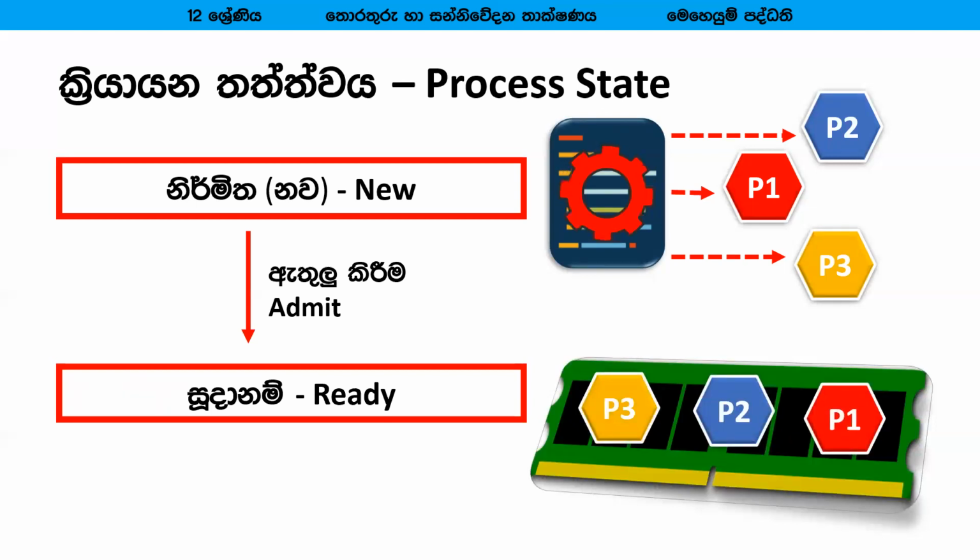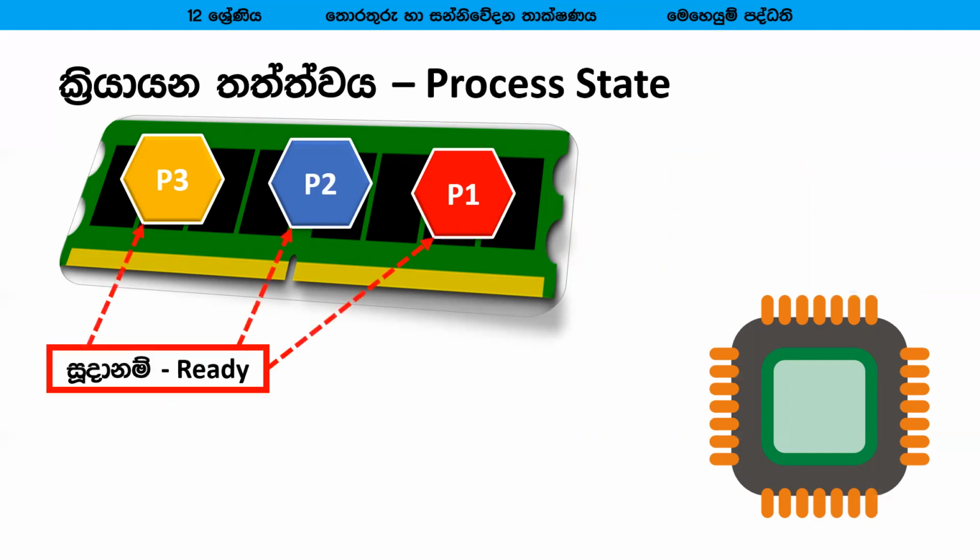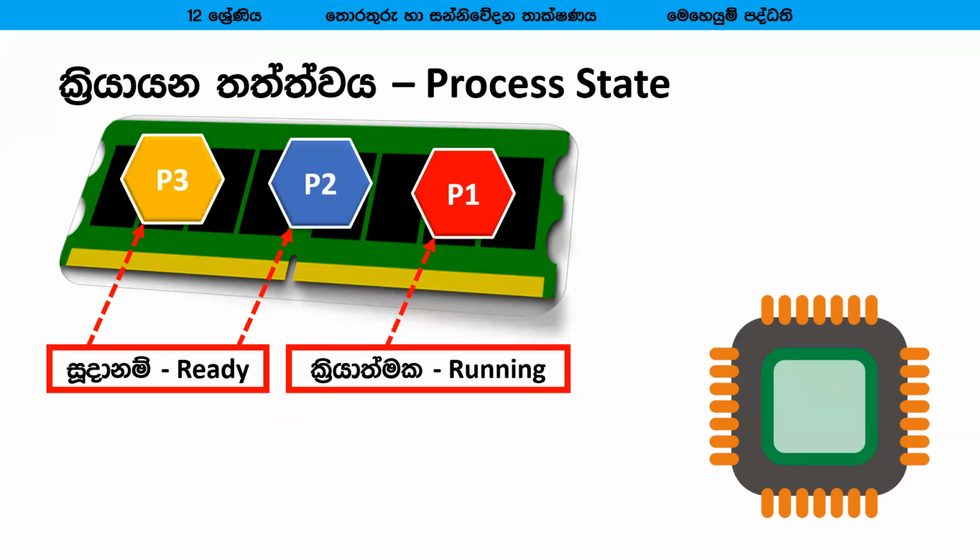If you consider a typical computer, most of the processes are in the waiting state, right? Because programs execute, processes are created and quickly moved into the RAM, and they are given the waiting state. So when particular processes are in the waiting state in the RAM, one of them, for many reasons, is given a state called running.